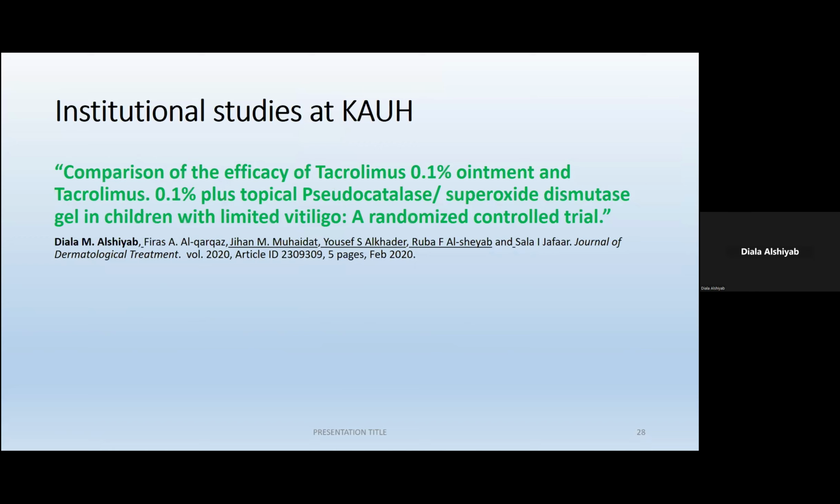Okay, and the third study was the comparison of efficacy of tacrolimus ointment and tacrolimus plus topical pseudocatalyst superoxide dismutase in children with limited vitiligo. Again, the aim of the study was to assess if there is any synergistic effect of adding superoxide dismutase to tacrolimus ointment.